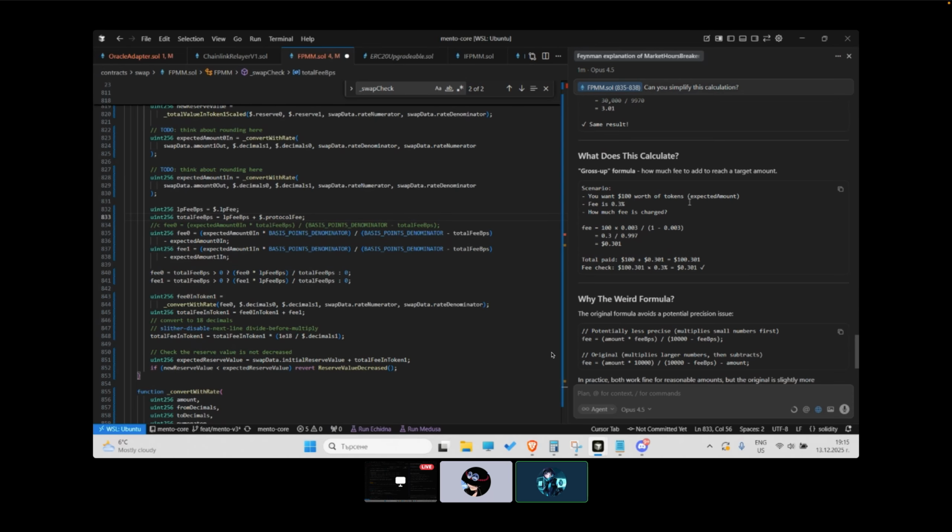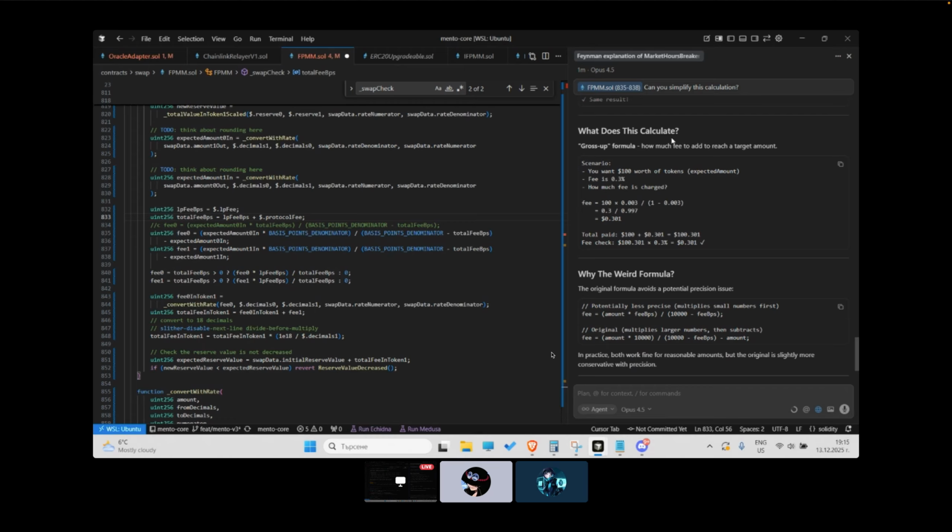What do they say in the docs? Yeah, it shows some examples. Let's see what they say. But maybe it doesn't matter if they don't have slippage. Yeah, it's probably because of that. Because they don't have slippage, right?